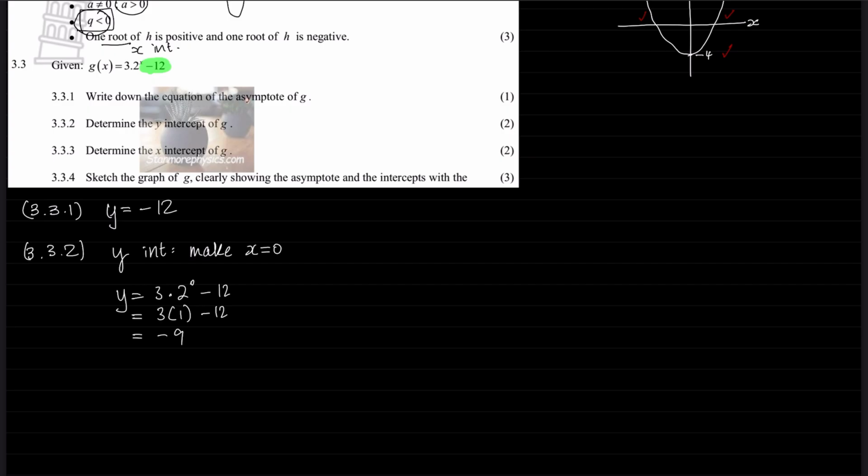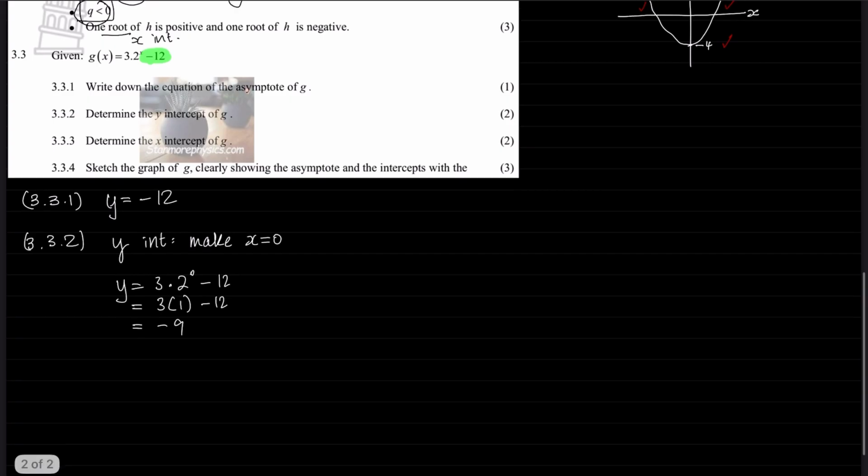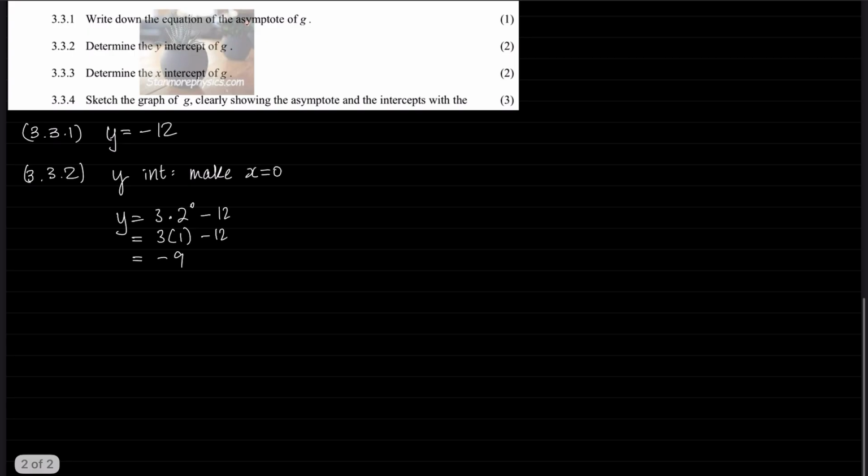Okay, next question reads, determine the x-intercept. So 3.3.3, if you want the x-intercept, you make y equals 0. So now we're going to say 0 is equal to 3 times 2 to the power of x minus 12.